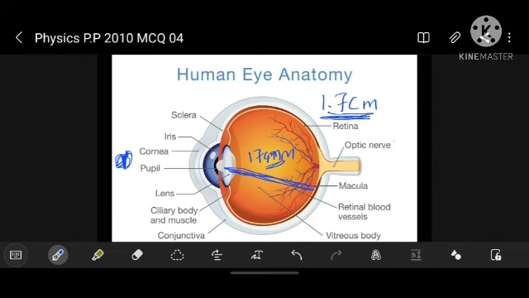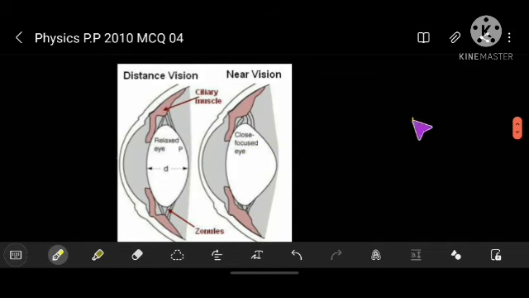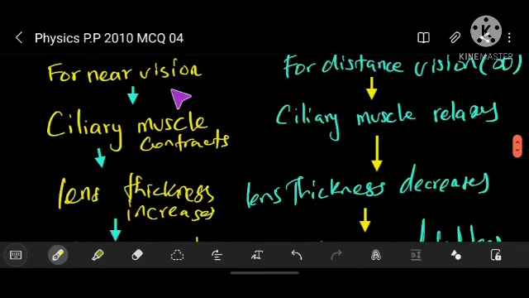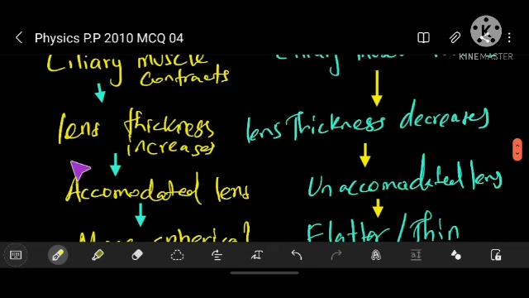So this is pure biology. There are no calculations involved in it. It's a straight direct question. It's worth noting that for near vision, the ciliary muscle contracts, so the lens thickness increases.